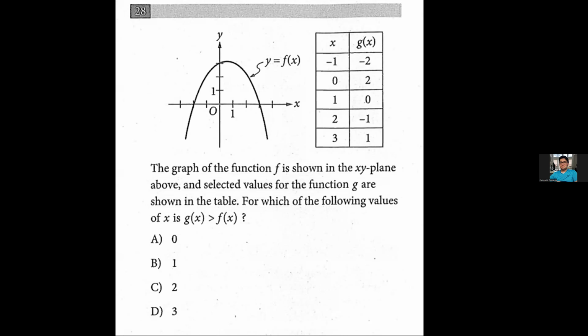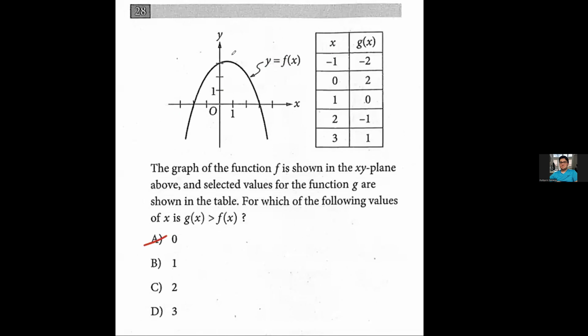Okay, so for question 28, we're given two functions essentially. We're asked to find for which of the following values the table has a larger value than the graph. At 0, the graph has a value of 3 and the table has a value of 2, so it's not 0.